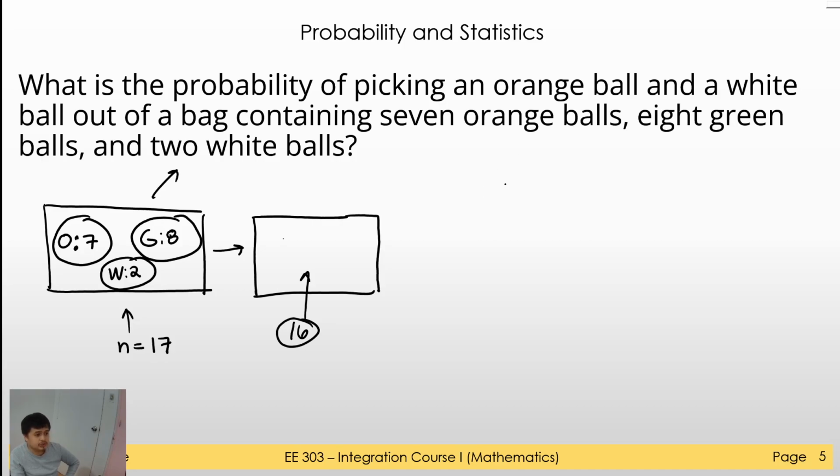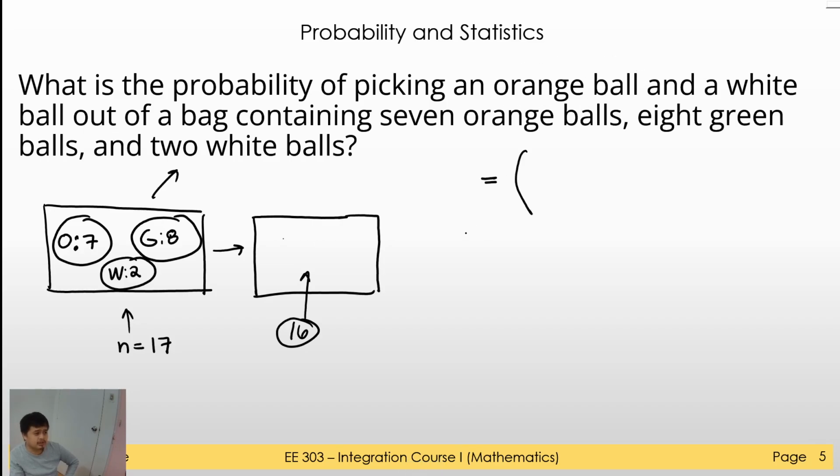So this is actually a joint probability. For the first case, we also consider the vice versa happening. So let's say you pick an orange ball first and then a white ball, or another scenario is you might pick a white ball first and then an orange ball.